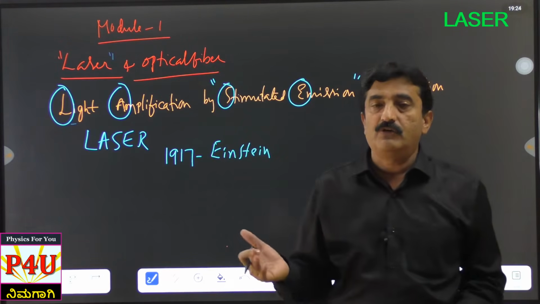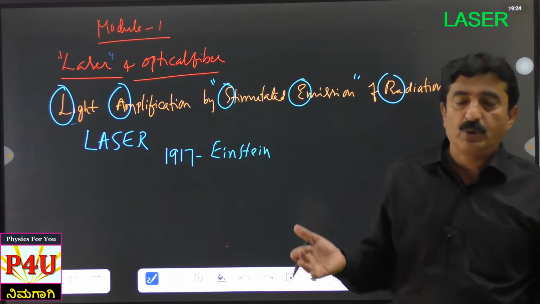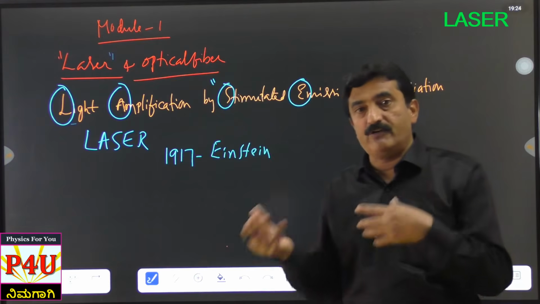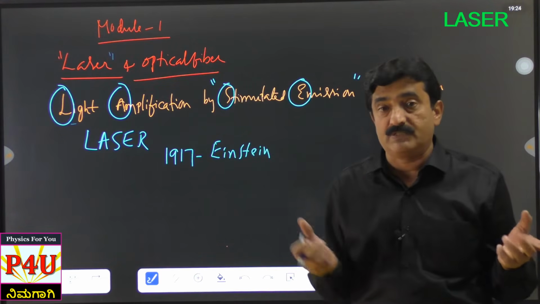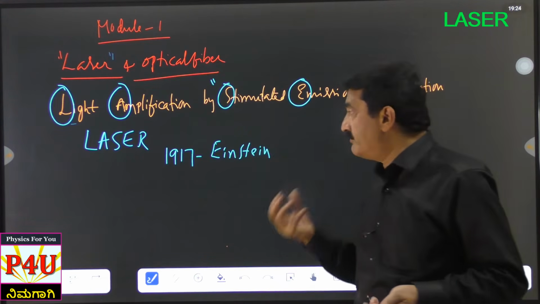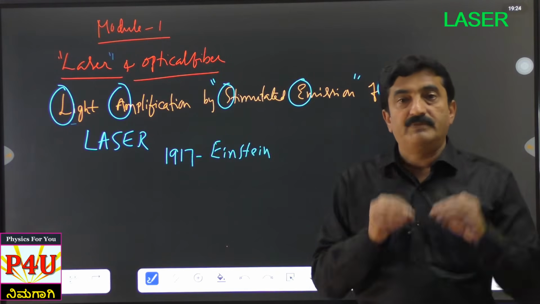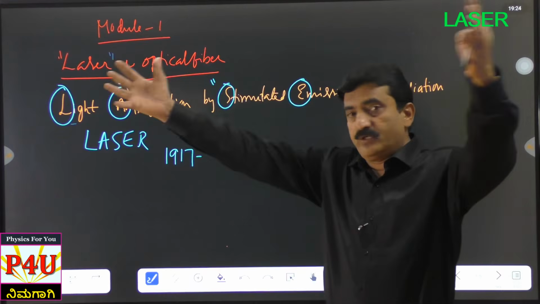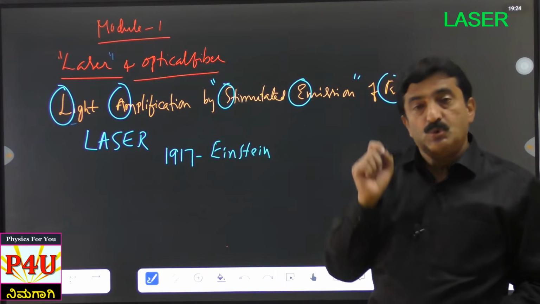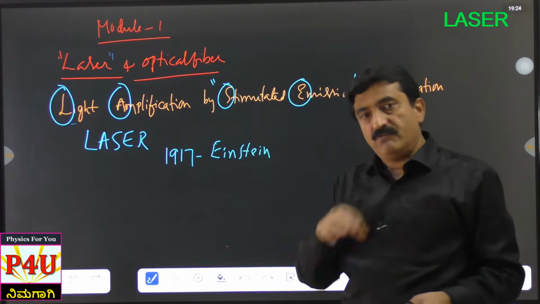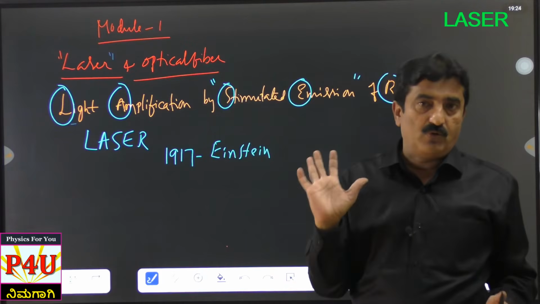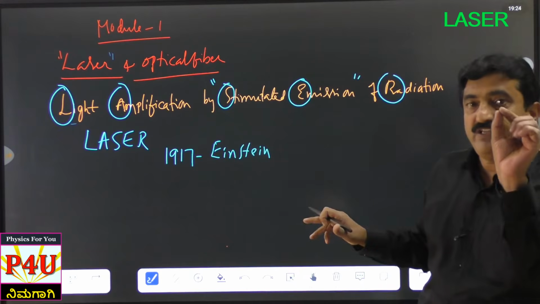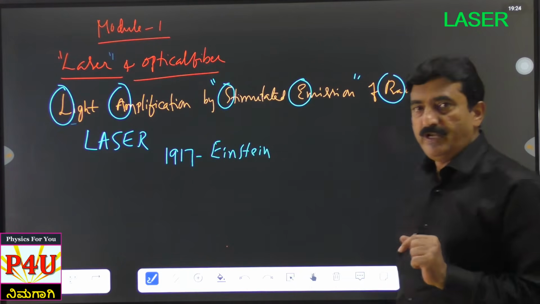After the First World War, within no time the Second World War also came, and people were busy developing radars, aircraft, telephone conversation systems, communication systems, and also nuclear bombs and chemical bombs. They diverted their research activity towards that side. So nobody gave so much importance to laser even after the end of the Second World War. But remember, way back in 1917 itself, Einstein gave the idea of laser, especially stimulated emission.